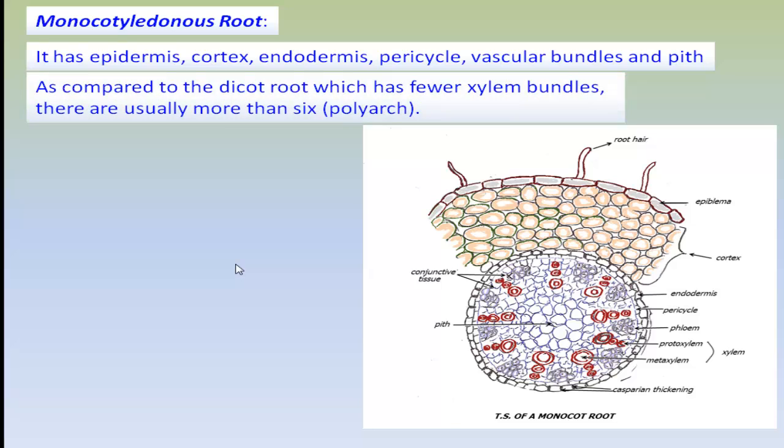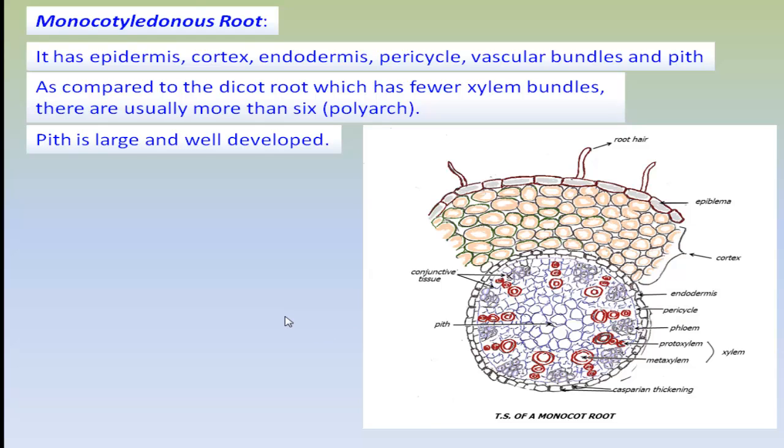As compared to the dicot root, which has few xylem bundles, that is from 2 to a maximum of 6, that is diarch, triarch, tetrarch, pentarch, hexarch, like that, in the case of a monocot root there are more than 6 xylem bundles alternating with patches of phloem. In most of the monocot roots, the condition is polyarch.